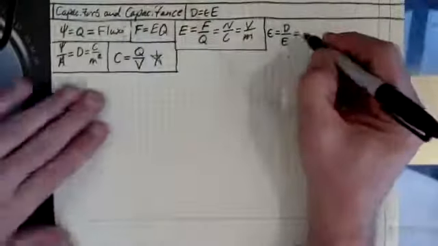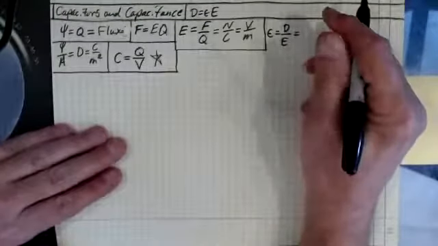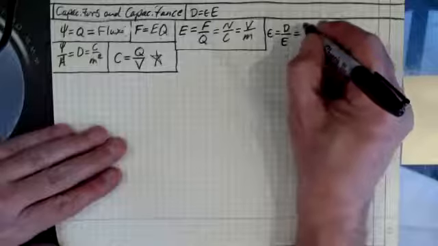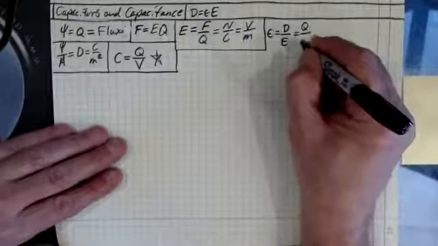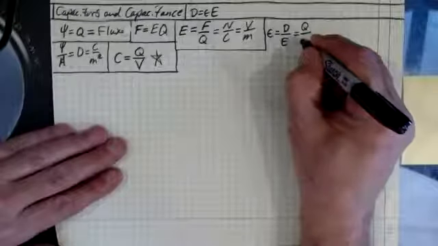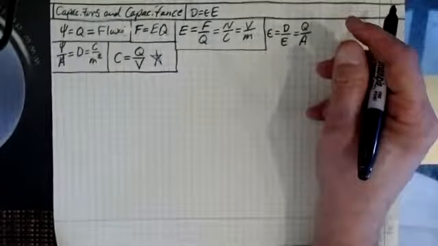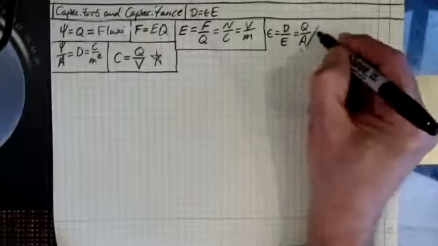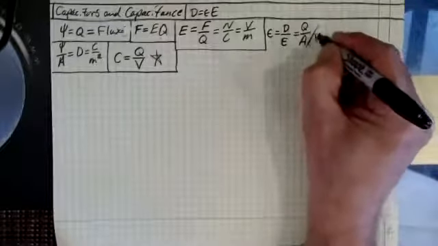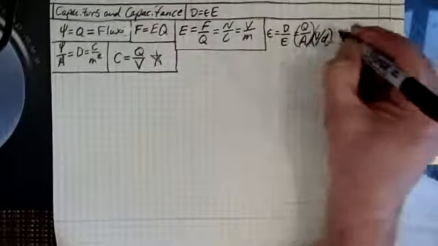There's D. So D, of course, is flux density. And that would be charge over area. And then that would also be divided by, I wrote this the wrong way, but V over d, because that is what E is.